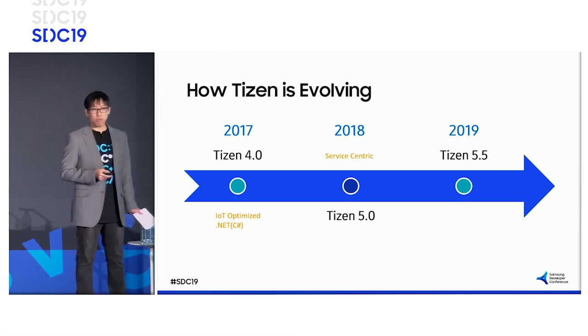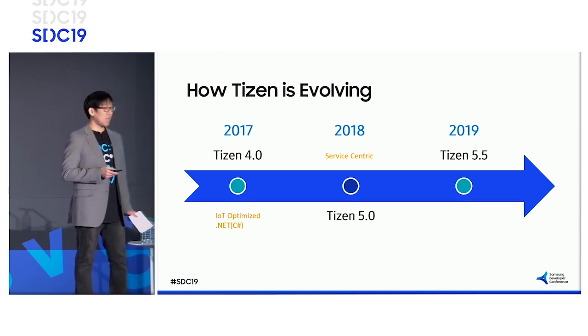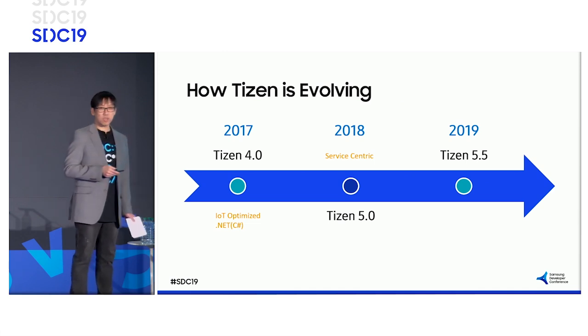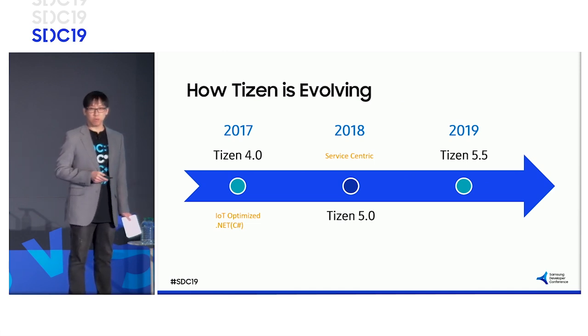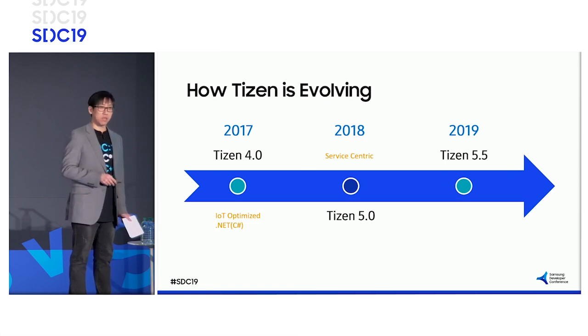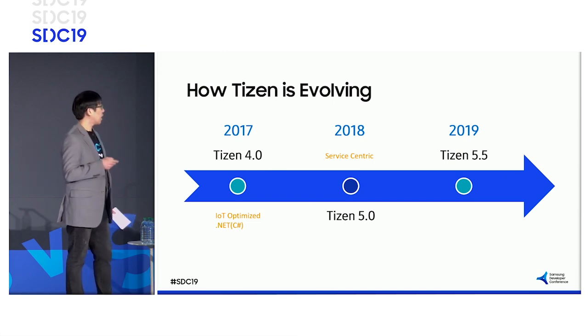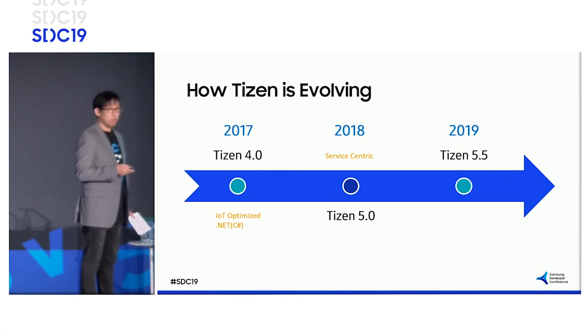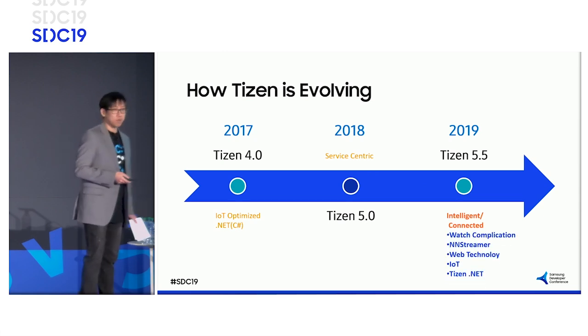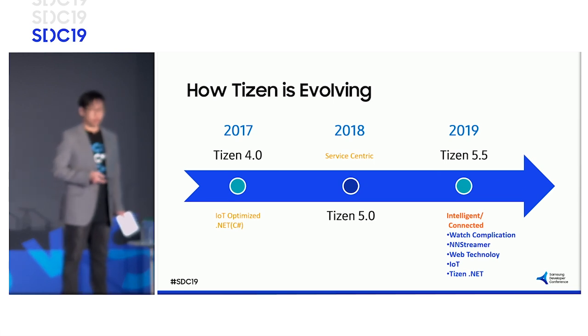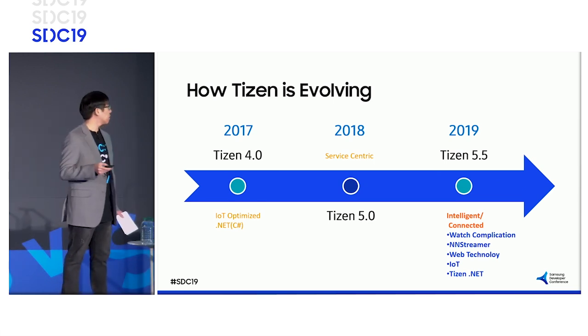And in Tizen 5.0, we wanted Tizen devices to run as many services as possible. That includes Samsung services like Bixby, SmartThings, and Samsung Cloud. So in Tizen 5.5, what we are focusing on is intelligent and connected. I chose 5 new updates today, so let's visit them one by one.